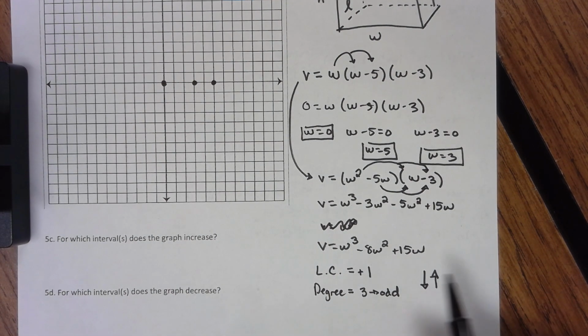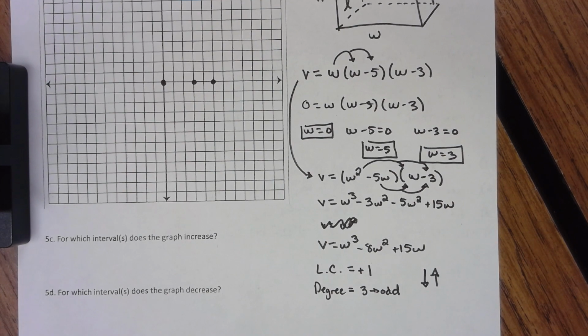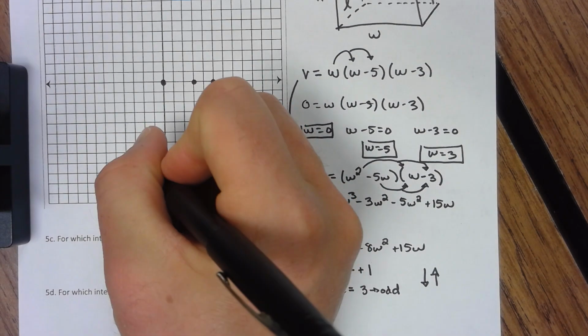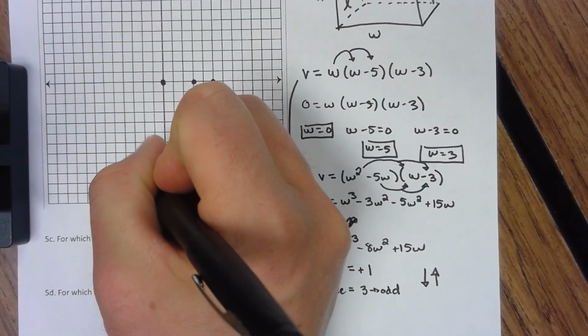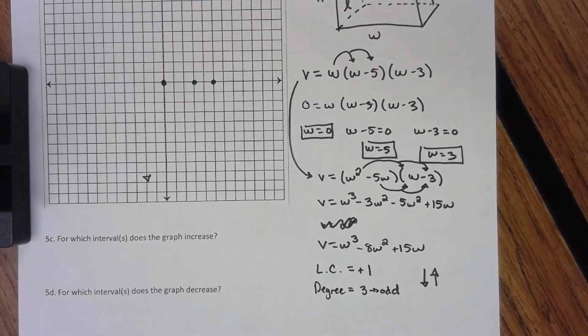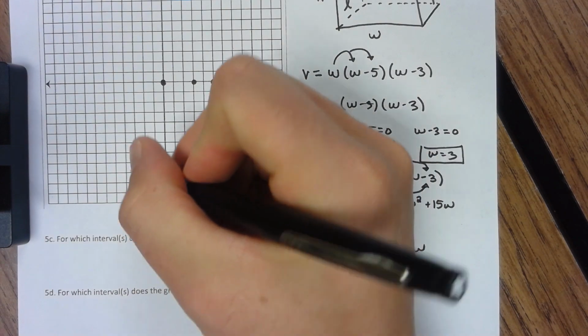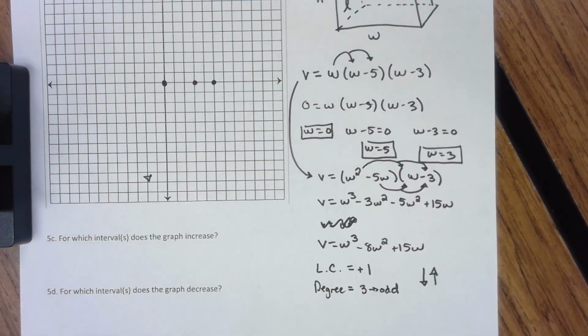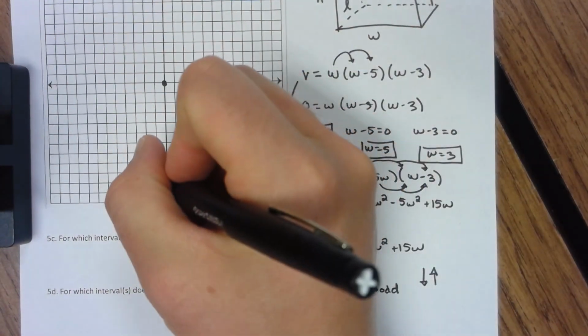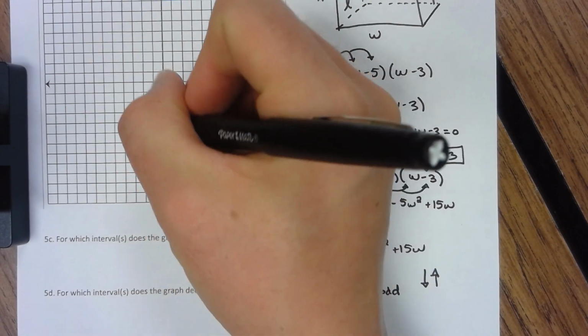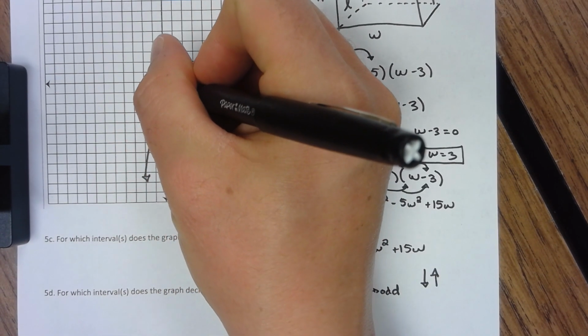So knowing how this graph ends, I can start to piece together a quick sketch of this graph. I'm going to draw on the left side my graph going down. So I draw an arrow. It's going down if I continue to work left. And we're going to start at this down left end, and I'm going to go up so that I can pass through this x-intercept.